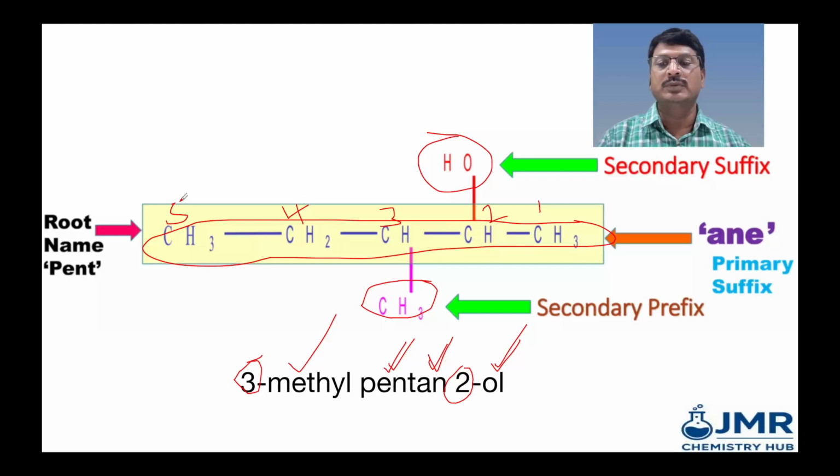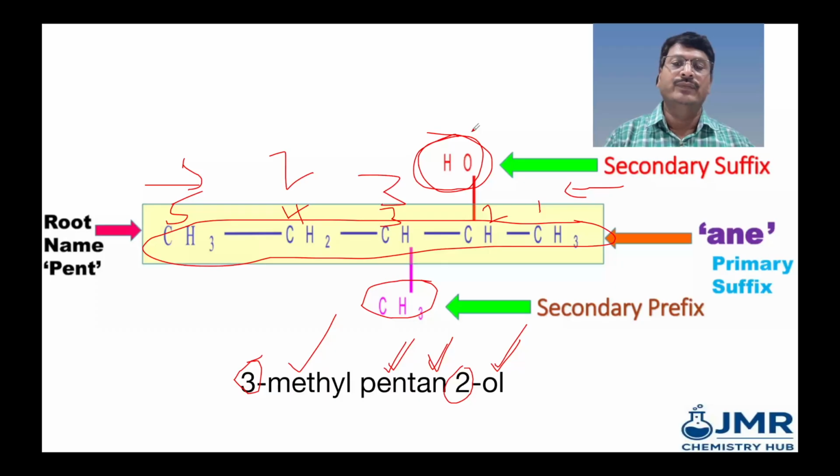There are two possibilities: you can number from this side or from this side. But the functional group should get the lowest number. For example, if you number from this side, 1, 2, 3, 4, the functional group will get number 4.